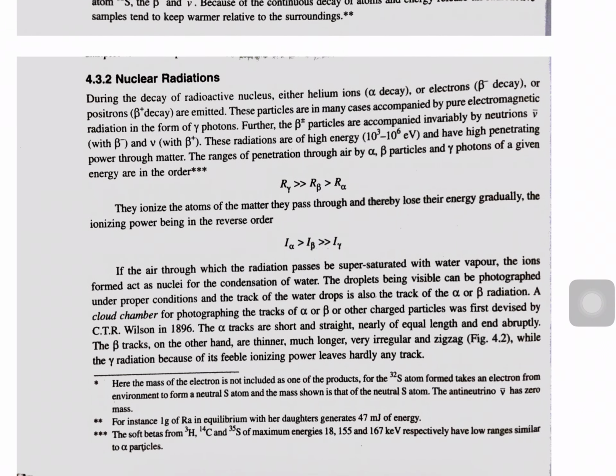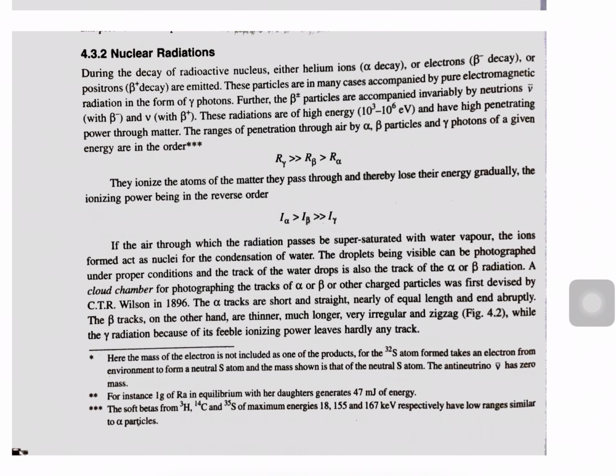Second is nuclear radiations. During the decay of radioactive nucleus, either helium ions, that is alpha decay, or electrons, that is beta decay, or positron, that is beta plus decay, are emitted. These particles are in many cases accompanied by pure electromagnetic radiation in the form of gamma photons.